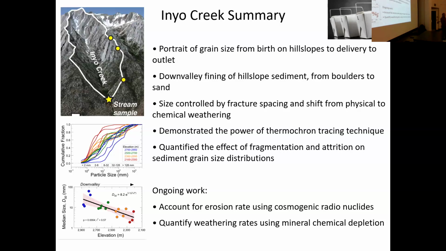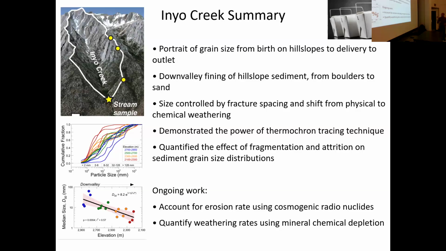At least that's an interpretation. This demonstrates the power of this thermochronometric tracing technique to put the rocks back where they started from and understand why they are the way they are. And we've been able to quantify the effect of fragmentation and attrition on sediment grain size distributions.